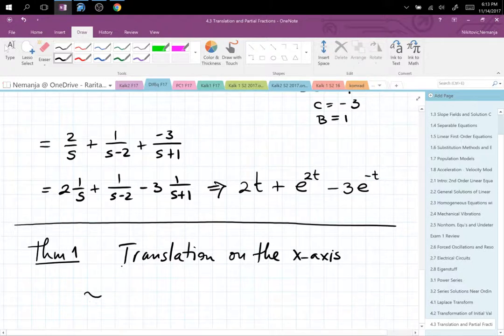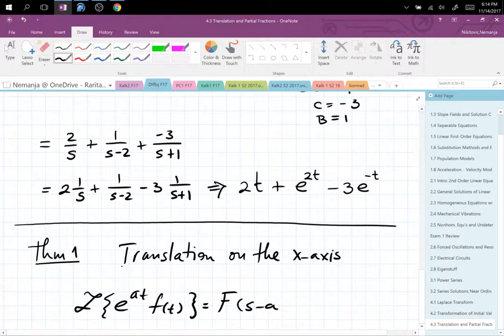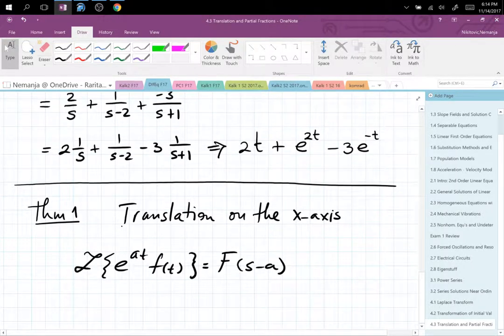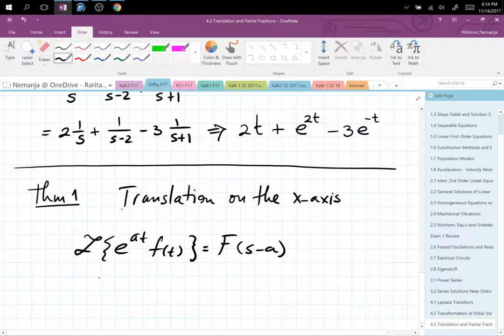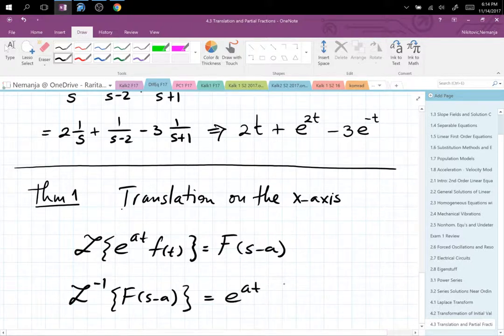The Laplace transform of e to the at times f of t is equal to F of s minus a, and equivalently the inverse Laplace of F of s minus a is equal to e to the at f of t.